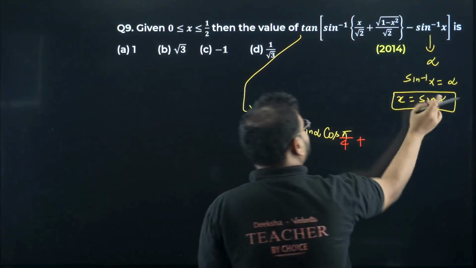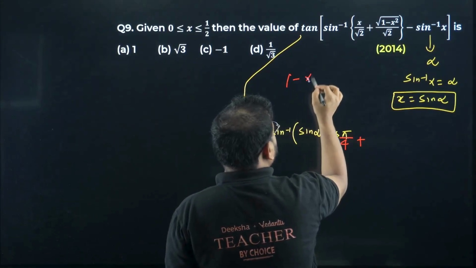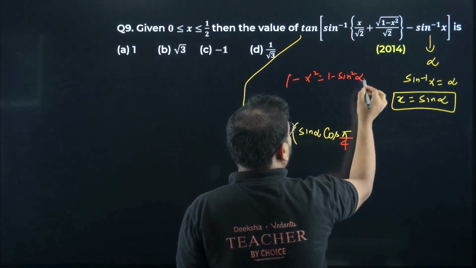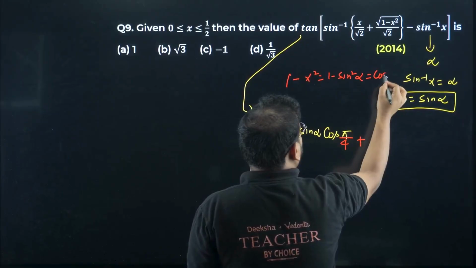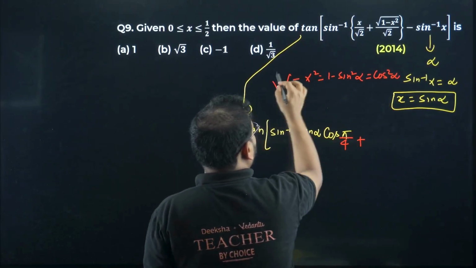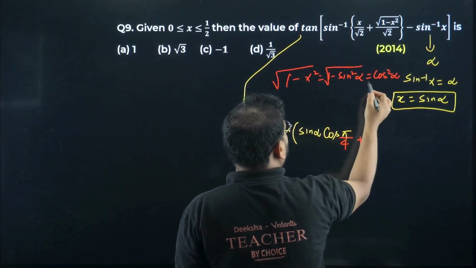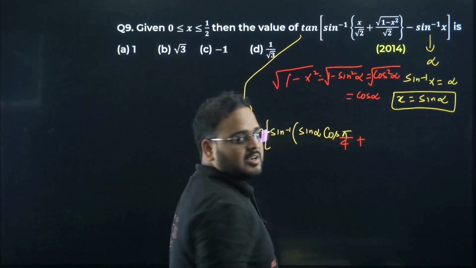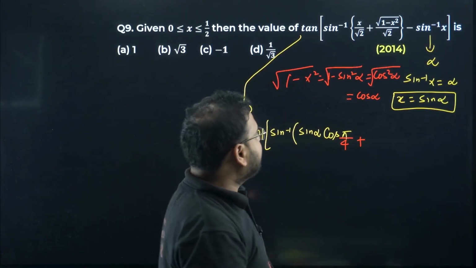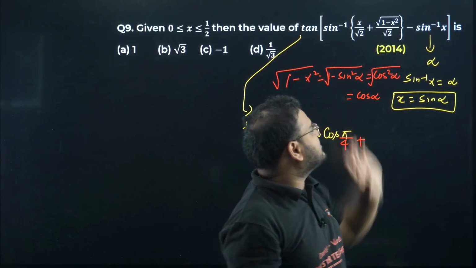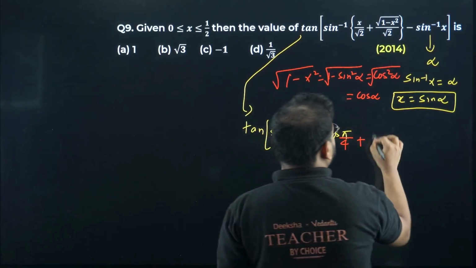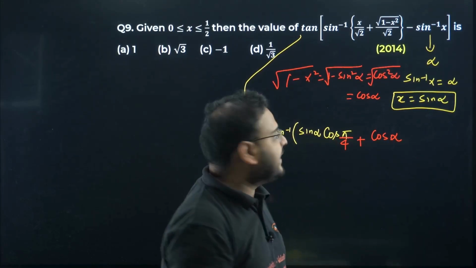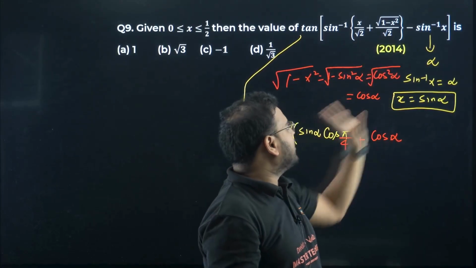If x is sine alpha, 1 minus x square is nothing but 1 minus sine square alpha. How much is this? Simply cos square alpha, take root, and the answer is simply cos alpha. It means root of 1 minus x square is nothing but cos alpha. So write that cos alpha. Clear?